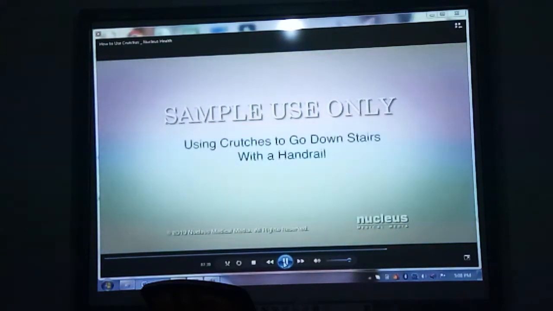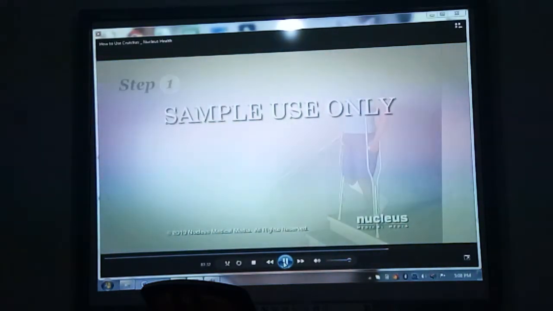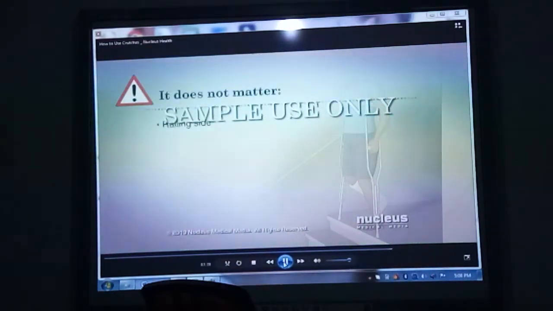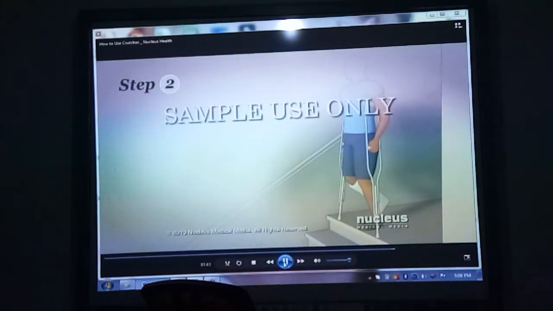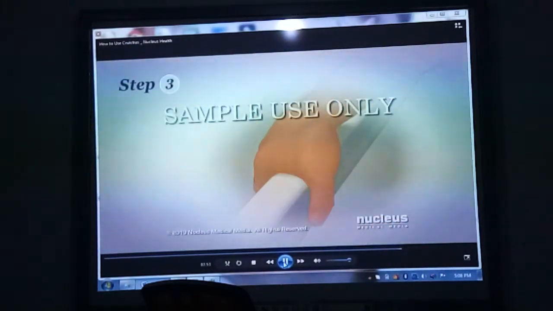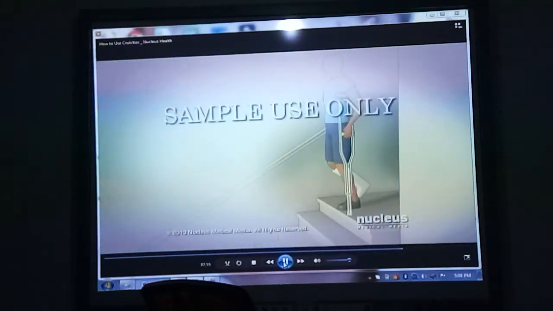Here's how to go downstairs with a handrail. Step 1. Begin as close to the stairs as possible. It does not matter which side the railing is on or which leg is injured. Step 2. Move the crutch nearest the railing to the opposite arm. Hold both crutches by the hand grips with that hand. Step 3. Grab the railing with your free arm. Step 4.